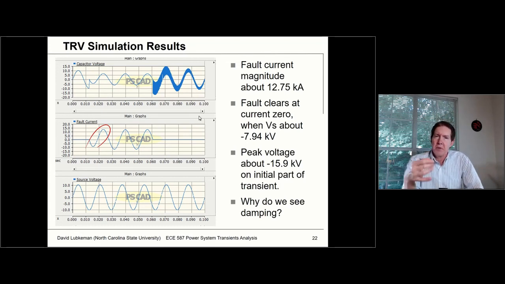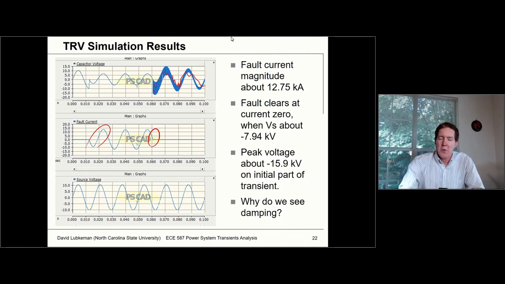Remember, there's going to be a delay on how quickly the relay could recognize the fault, and when that circuit breaker, when the mechanical system can actually start to open up the contacts, you'll see in this particular case we're closing pretty close to a current zero. And then this is the high frequency oscillation that's associated with clearing the fault in this case.